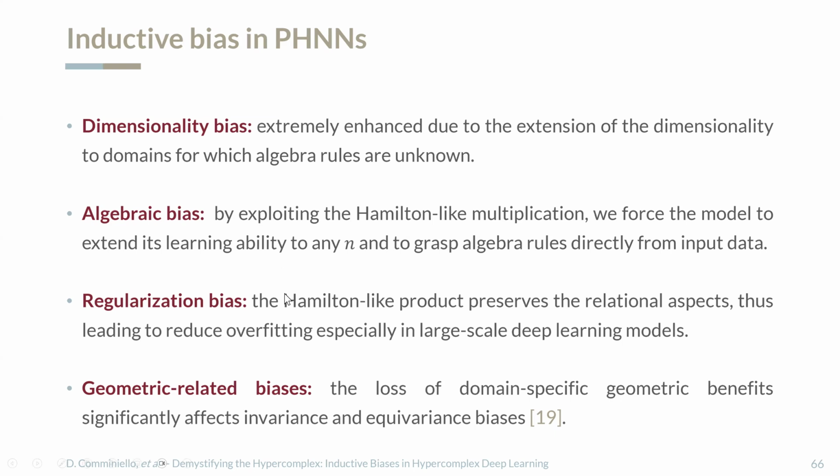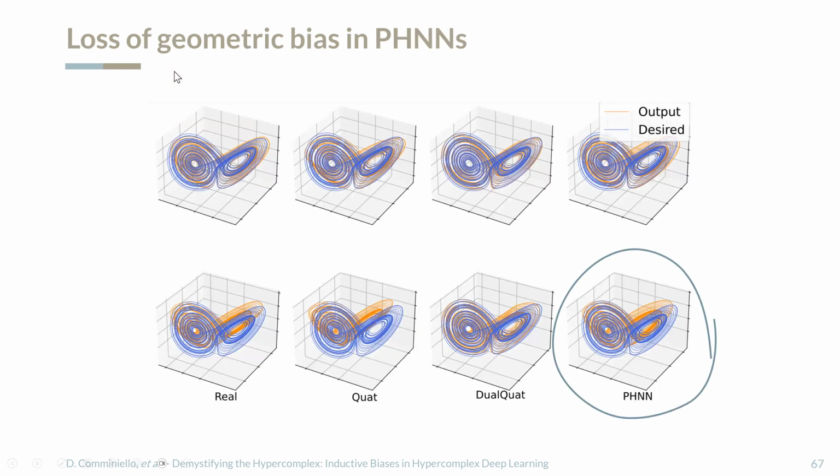Of course, we can lose some properties, especially some geometric bias in the parameterized hypercomplex. Actually, this is related to some experiments, for instance, when we have systems for rotation and translation. While dual quaternion is very able to track these systems, with the parameterized hypercomplex network we don't have these properties. So we need to try to have some balance.